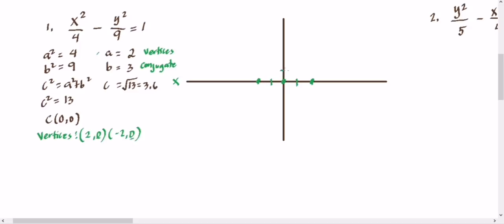So, that is 1, 2, 3. So, meron tayong positive 3 doon sa taas. Then, 1, 2, 3. Ito naman negative 3. So, lagay natin dito yung endpoints. Endpoints of conjugate.